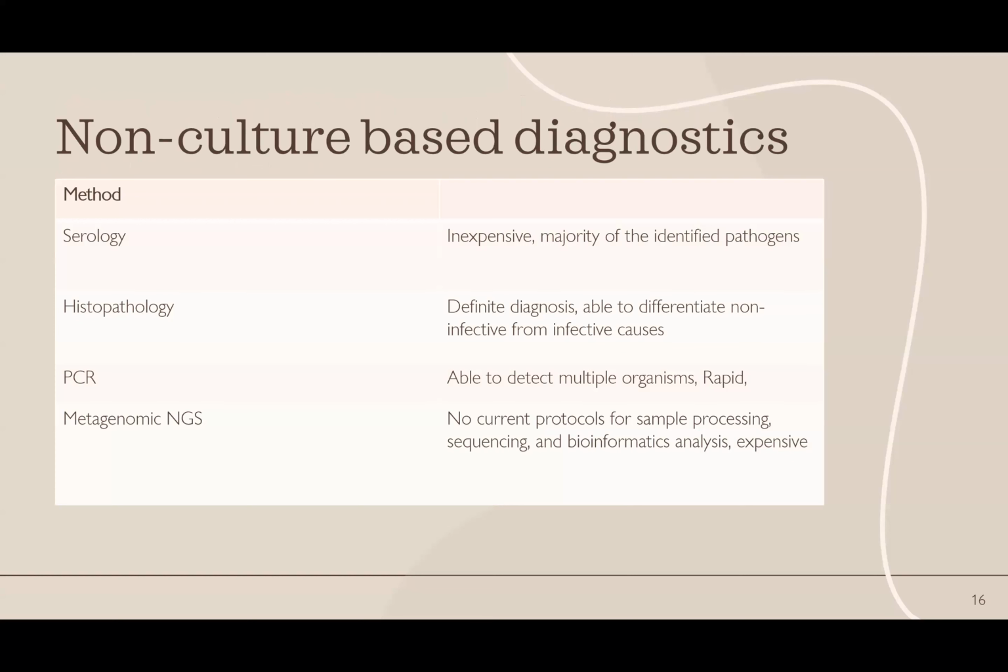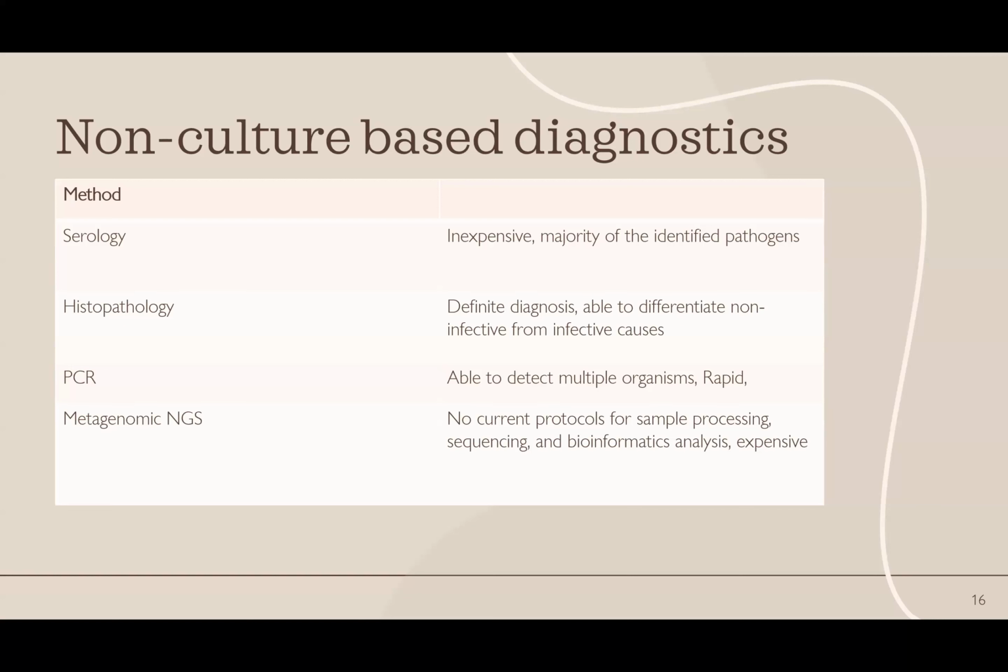In terms of non-culture-based diagnostic techniques, we have access to serology for Bartonella, Brucella, Coxiella, Legionella, and Mycoplasma, although these are outsourced to private labs in the state facilities. They are inexpensive, and the majority of the pathogens can be identified using these techniques.